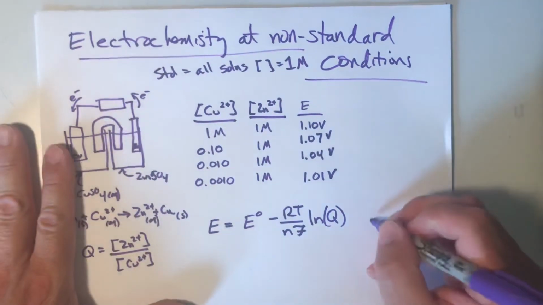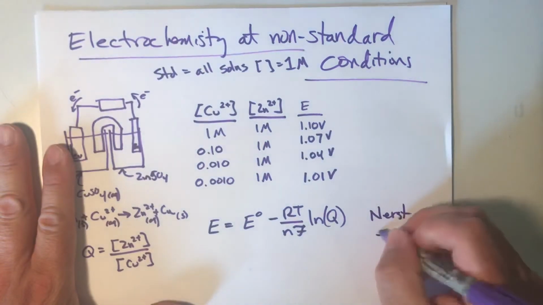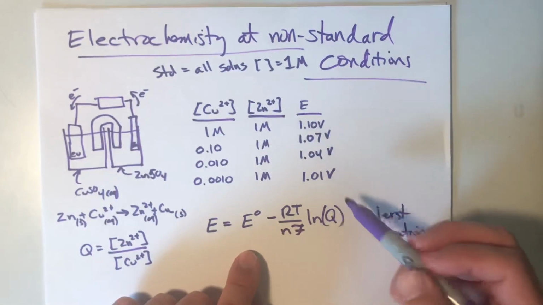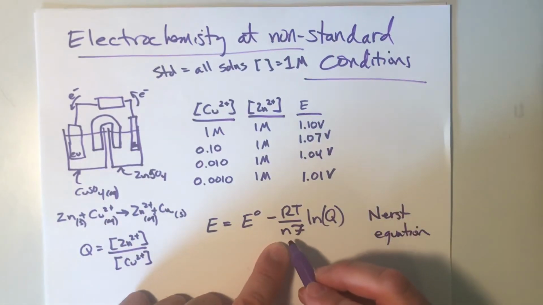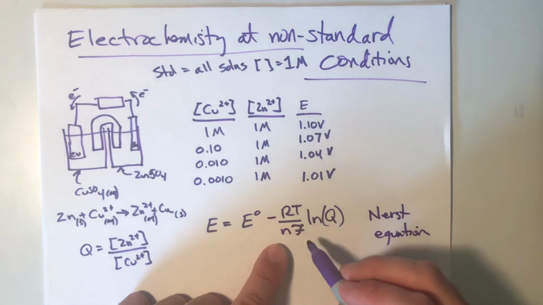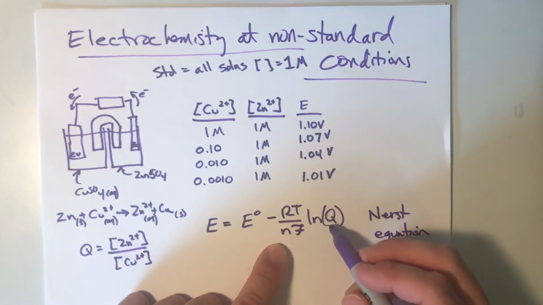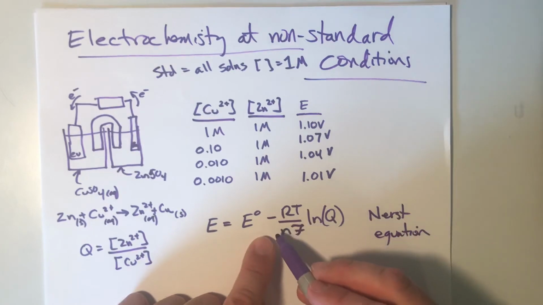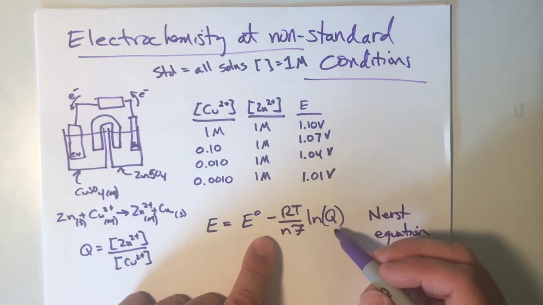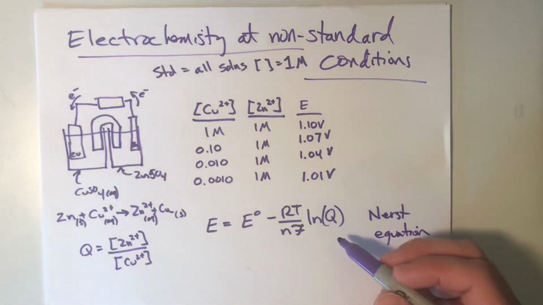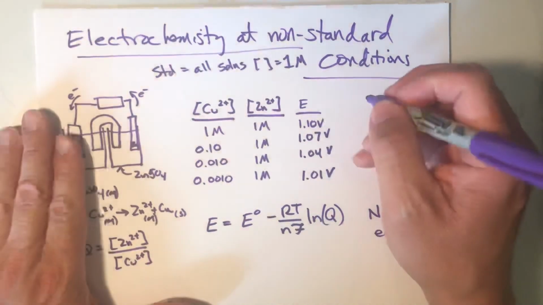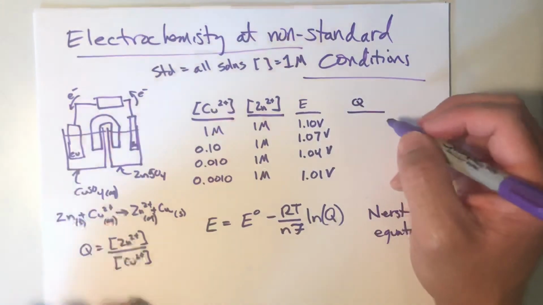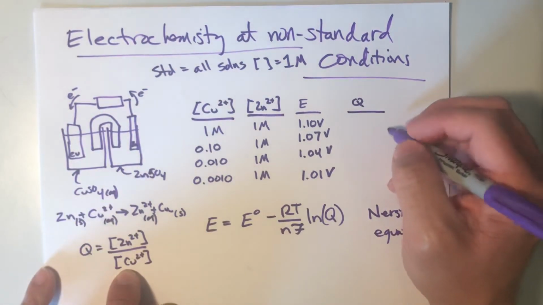All right. This equation, the Nernst equation, is going to accurately predict the direction of changes here, mainly because this negative sign is going to reduce the voltages if our Q is getting larger. In other words, if the reaction is being driven in reverse. So let's go back up here real fast and add a column here for Q. Q would be, again, zinc concentration over copper concentration.